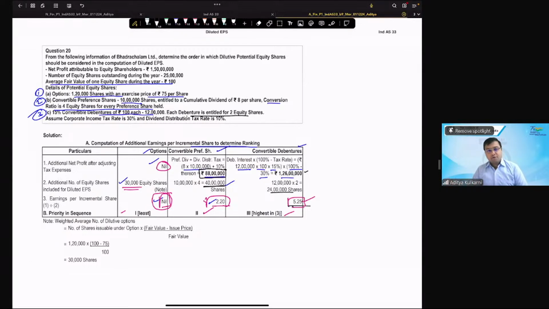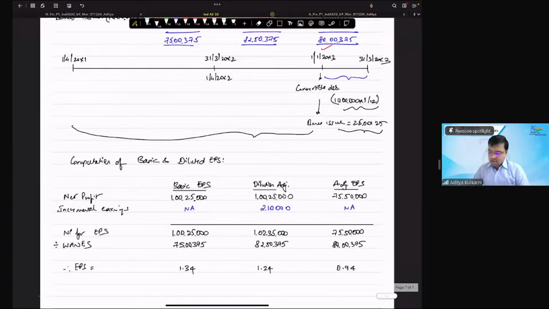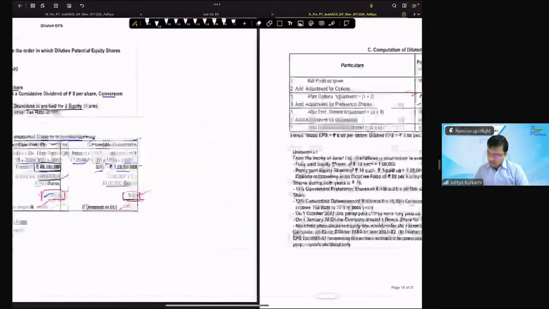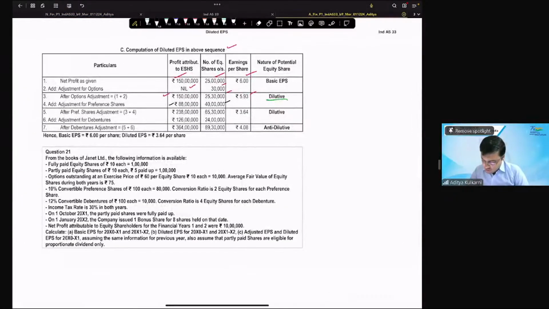This is the potential shares. So total 150 plus 88, 2.38 crores divided by 65 lakh 30,000. So that comes to 3.64. Again, can I say there is a further dilution that has happened? Yes, sir. All right.